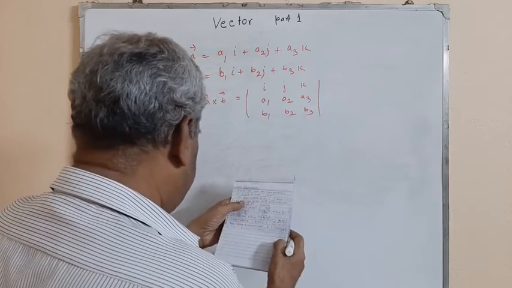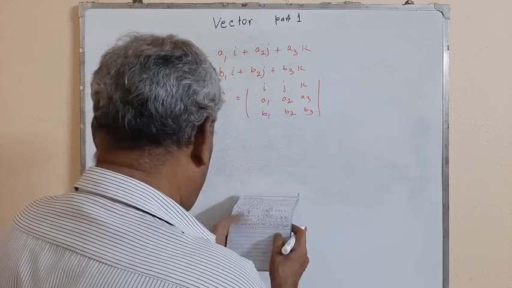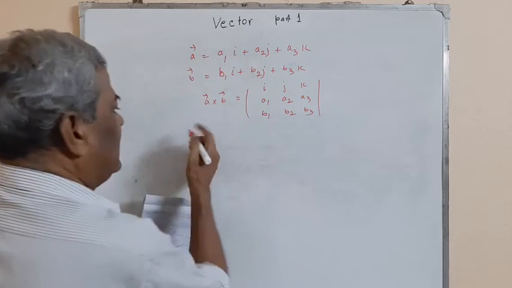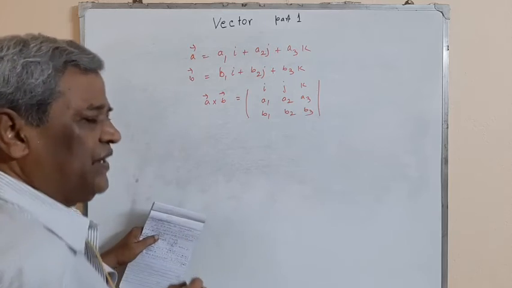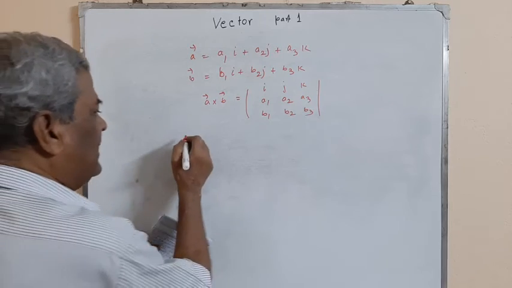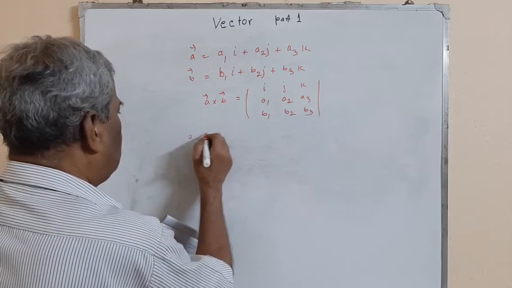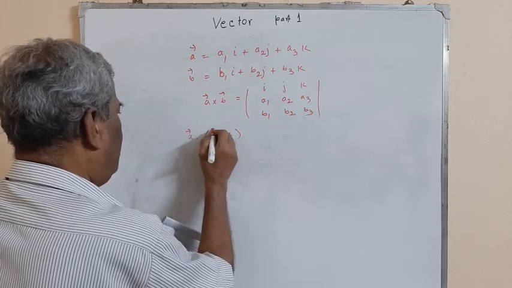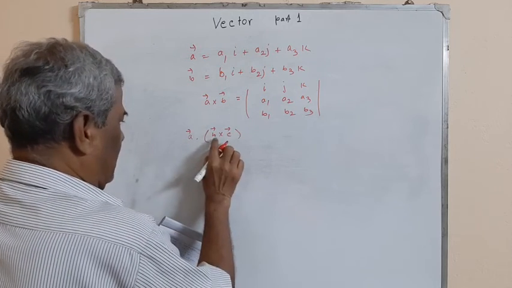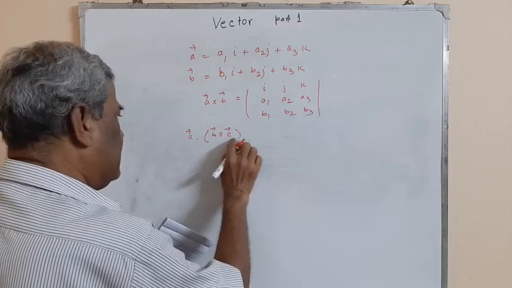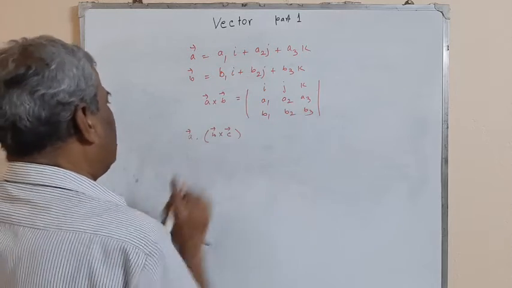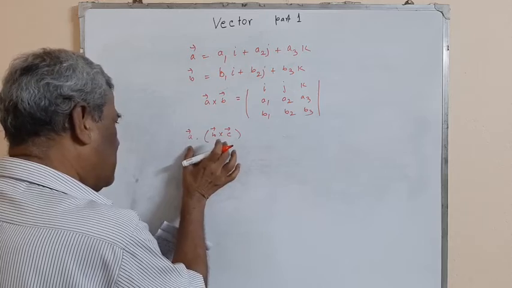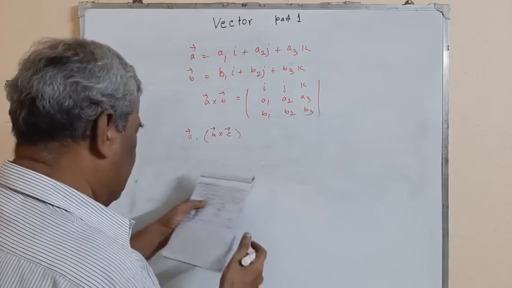So next, scalar triple product. A, B and C are three vectors. Then A dot B cross C. B cross C is a vector quantity, and A dot product of two vector quantities is a scalar quantity.